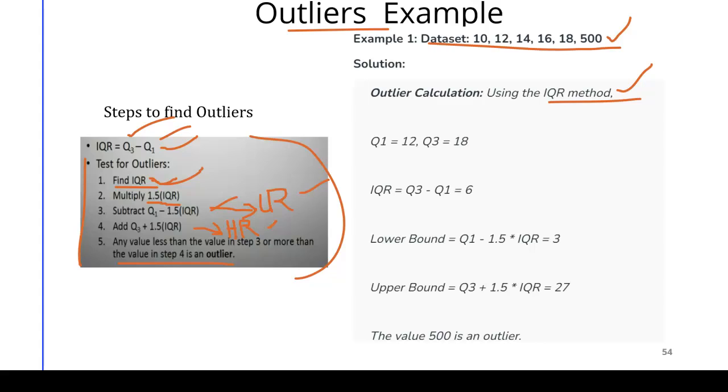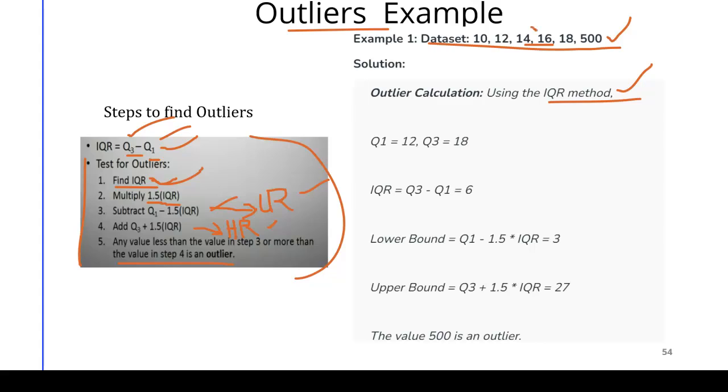First we have to find the IQR. In order to find the IQR, you should know Q3 and Q1. Since there are 6 observations, n is even, not odd. So the average of the two middle elements will be Q2: 14 plus 16 divided by 2. Here we do not require Q2.